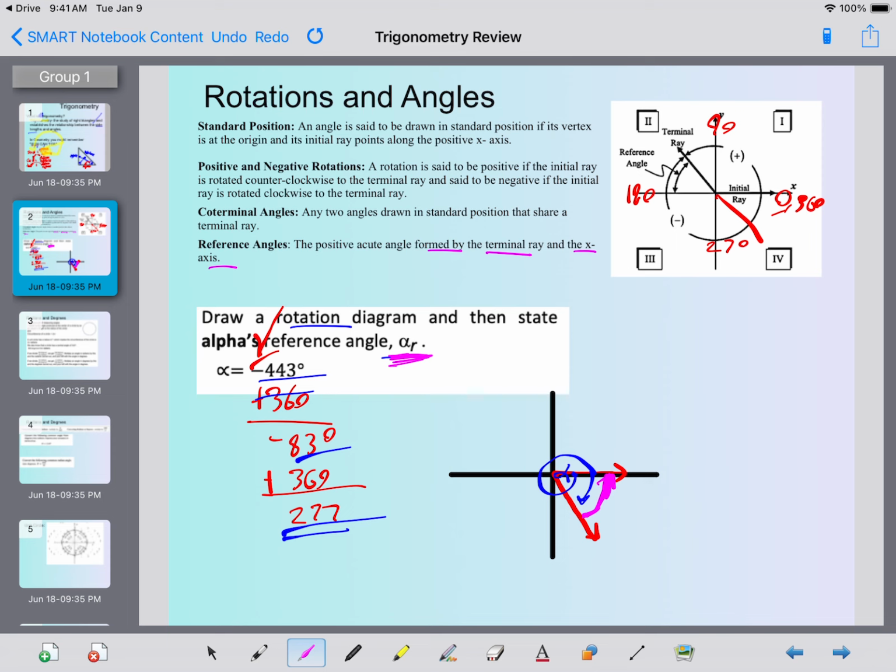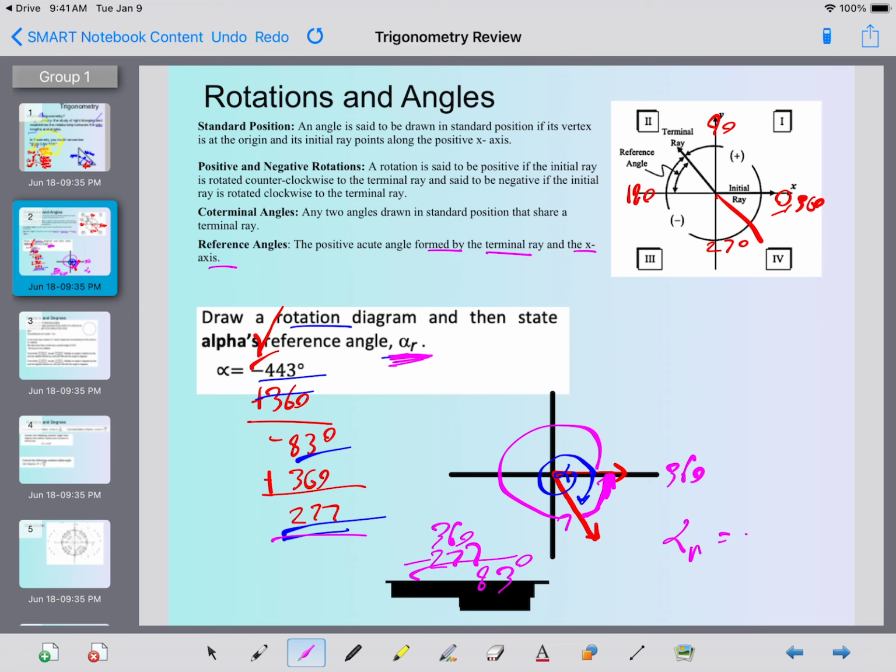We know that this is 360 degrees, and this positive angle here would be 277 degrees. So 360 minus 277 would be 83 degrees. The reference angle in this case would be 83 degrees.